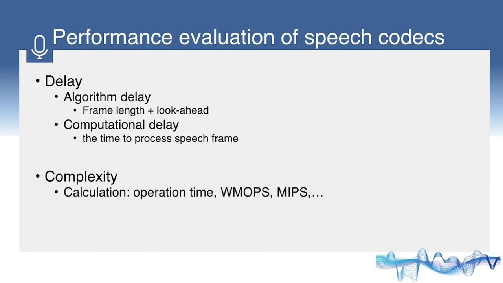The calculated amount can be measured by operation time, operation number (WMOPS), number of instructions (MIPS), which is hardware related, and so on. The storage space can be measured by the RAM size required to store algorithm variables, and the ROM size required to store algorithm instructions and constants.